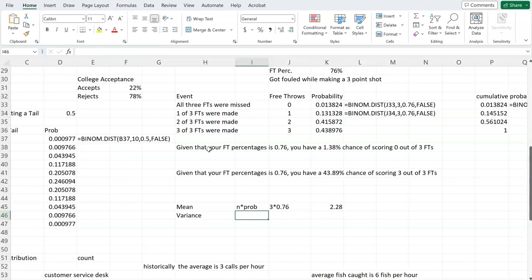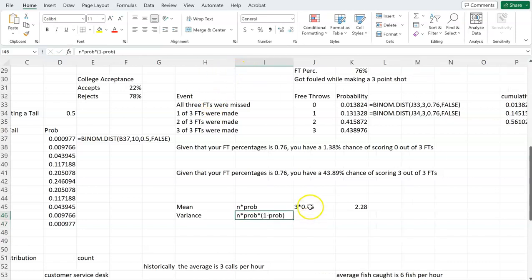The variance formula is going to be n times p times (1 minus the probability). So it is going to be the same number here, but after 0.76, we have to write 1 minus 0.76. And there has to be a parenthesis here.